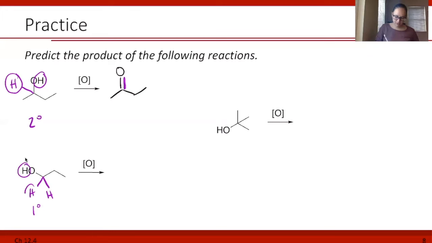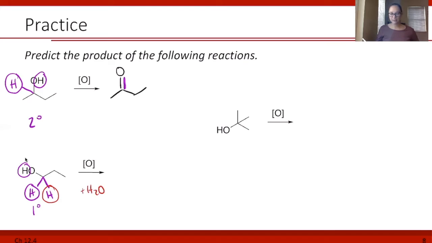So these two hydrogens are going to be what's oxidized in our first reaction, but then we need to do a second oxidation. In our second oxidation, we're going to get rid of our third hydrogen, and we need water. So we're going to assume water's in these reactions.